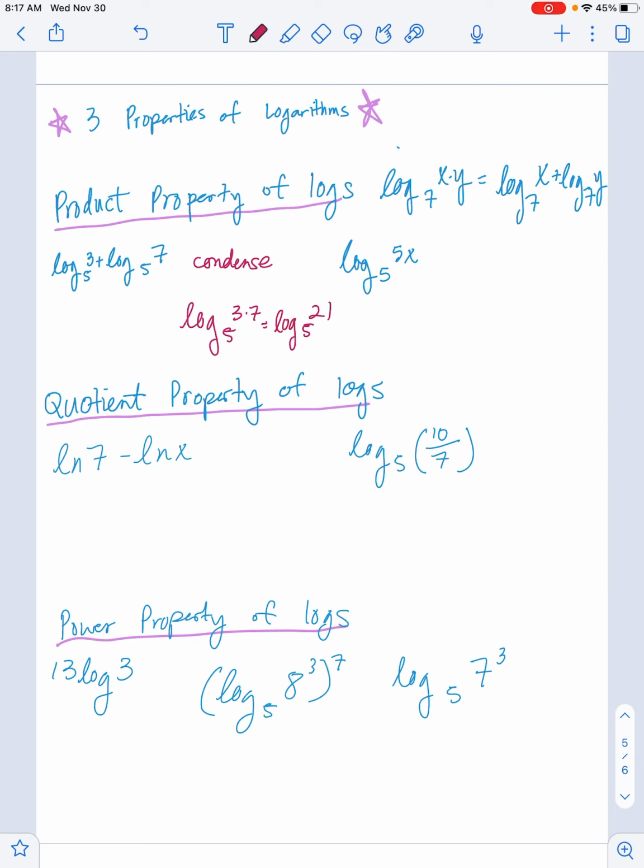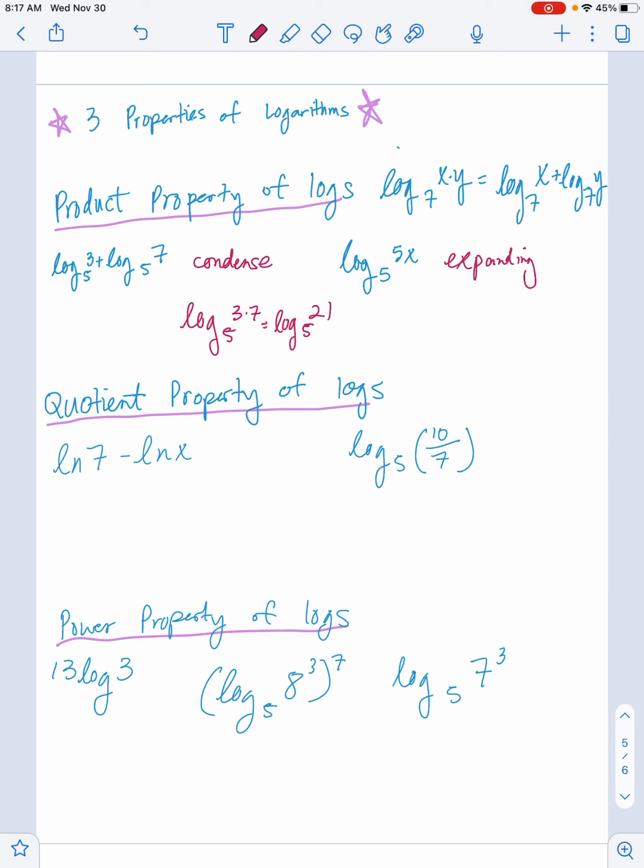And that's all I'm doing. I'm just condensing it down so that it's one single log. I can do the same thing for expanding. I have one log, and inside the log I have two things multiplying together, a 5 times an x.